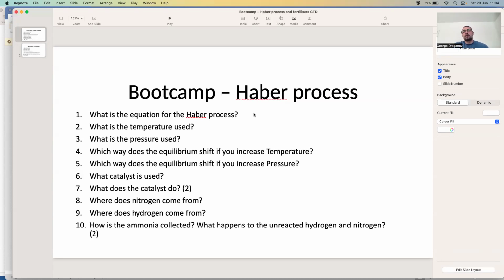So N2 plus 3H2 makes 2NH3, 450 degrees, 200 atmospheres, shift to the left, shift to the right, iron, lowers the activation energy, increases rate of reaction, from the air, from natural gas, cool and condense, recycle. Know your answers straight away.